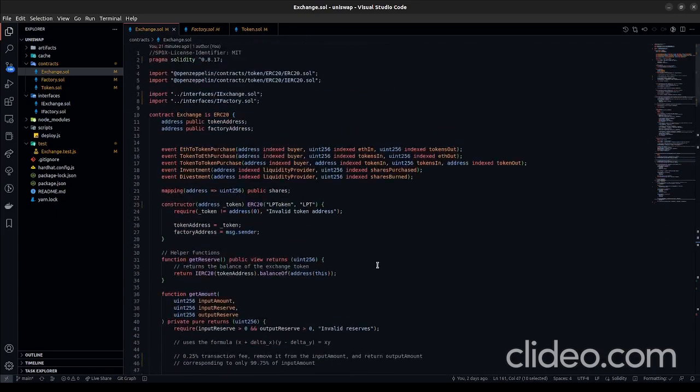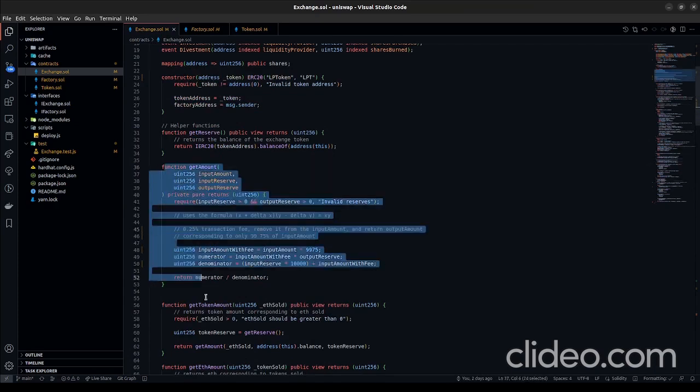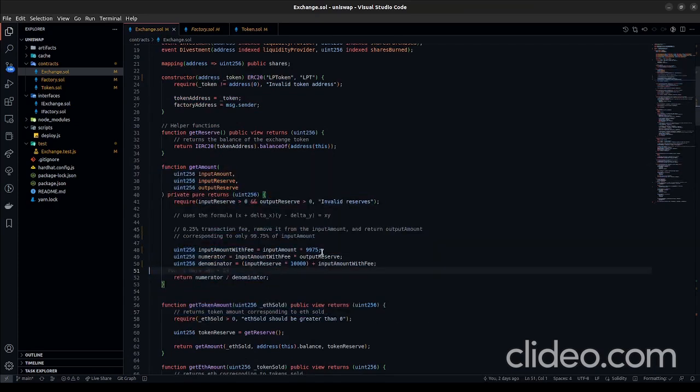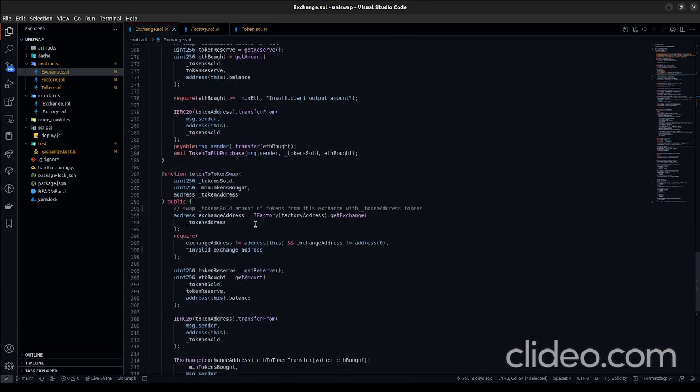The formula which was discussed earlier is implemented in this function. We first remove the fees from the input amount and then, given the delta x, we calculate the delta y which has to be returned, and then transfer the required amount to the user.